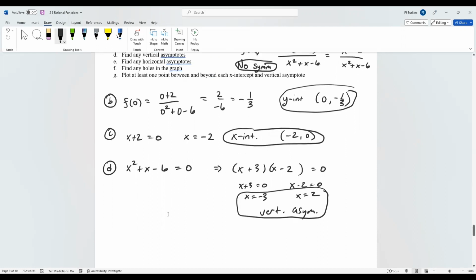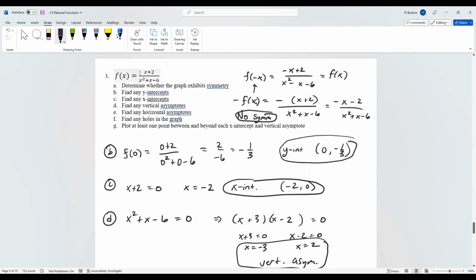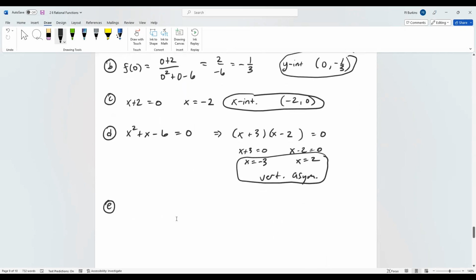All right, horizontal asymptotes. We have to look at the degree, right? The degree of the numerator is 1. It is less than the degree of the denominator. Let's just jump back up really quick.